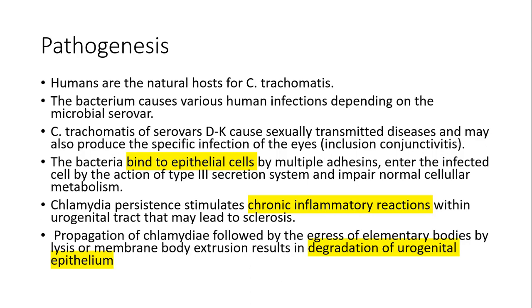That's why after acute infection, chronic infection occurs. And they destroy cells of the urogenital tract because they reproduce inside the cell and because they have some proteins which cause inflammation.